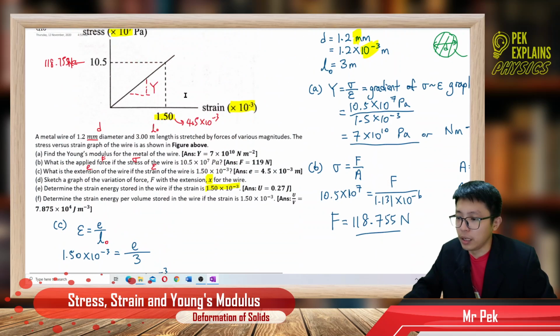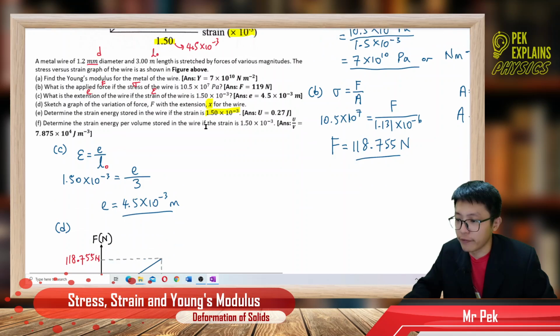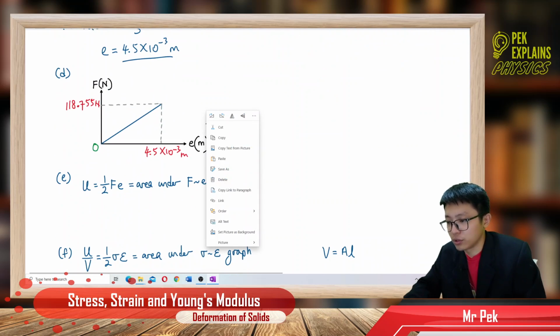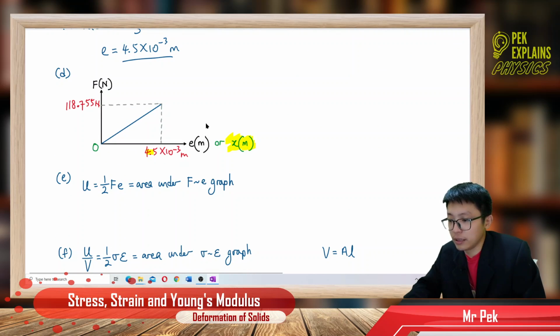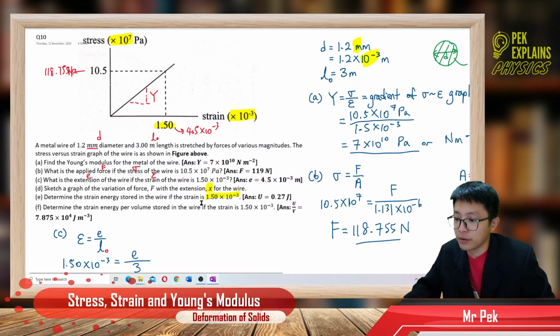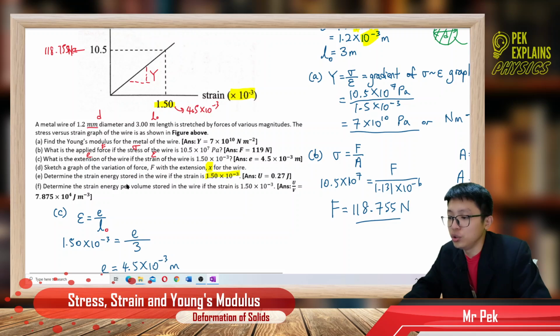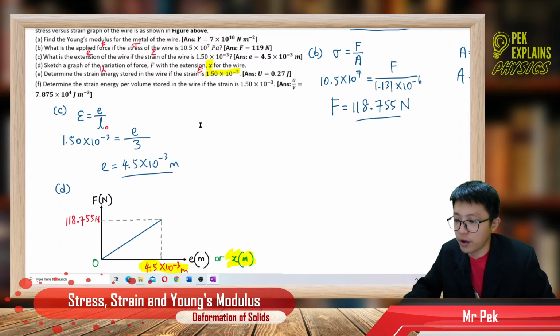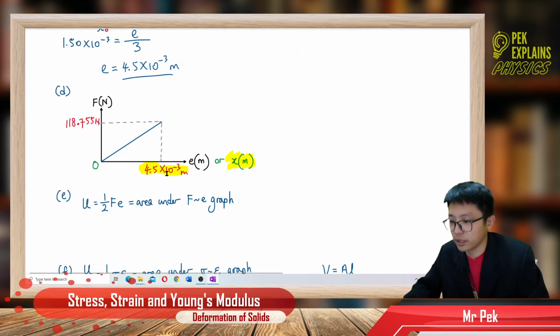You know, 1.5 corresponds to 4.5, so that means also under this elongation. I want to find U for this given strain, which corresponds to this elongation.